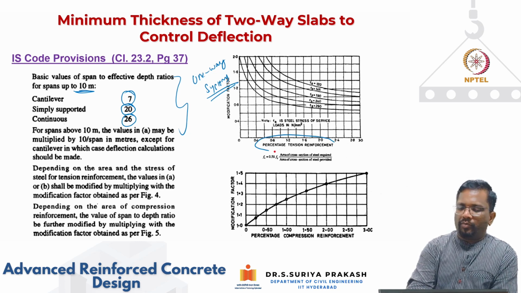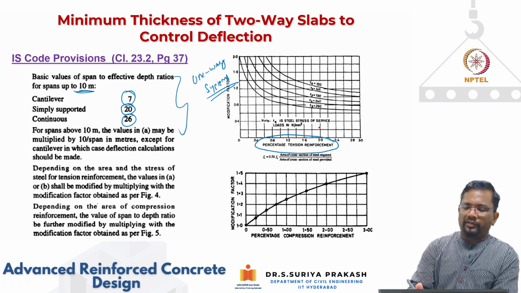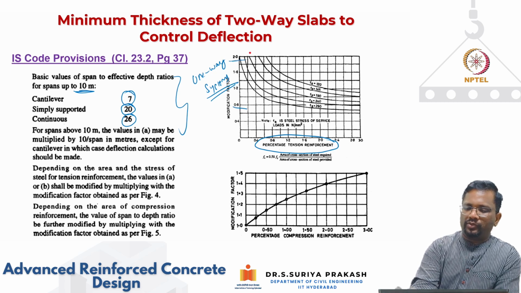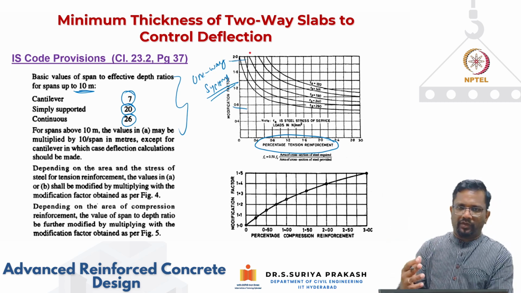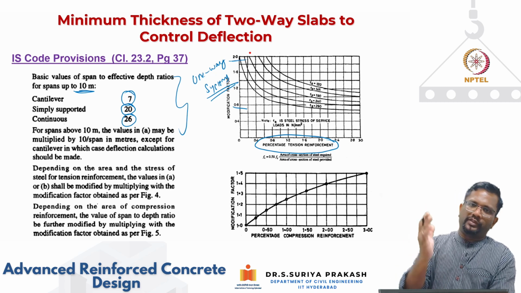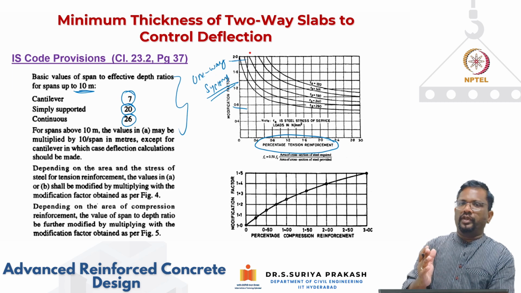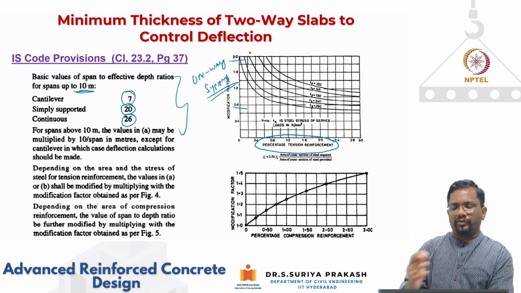Depending upon how much tension steel you have, I can have a modification factor ranging from 0.8 to as high as 2. If I put a lot of steel on the tension side, my stress in the tension steel is going to be less for a particular service moment. If the stress is less, the strain is less. If strain is less, the curvature is less. If curvature is less, the deflections are less. So that is the idea.